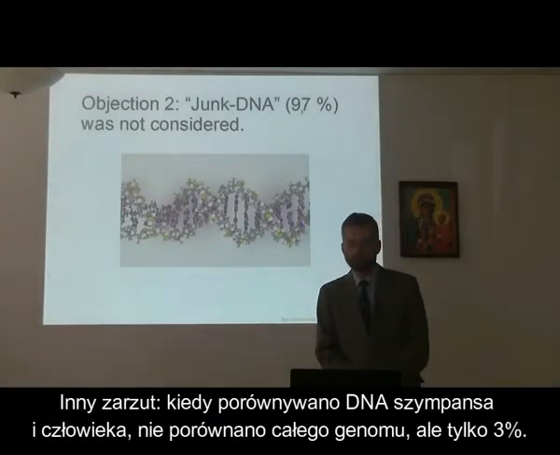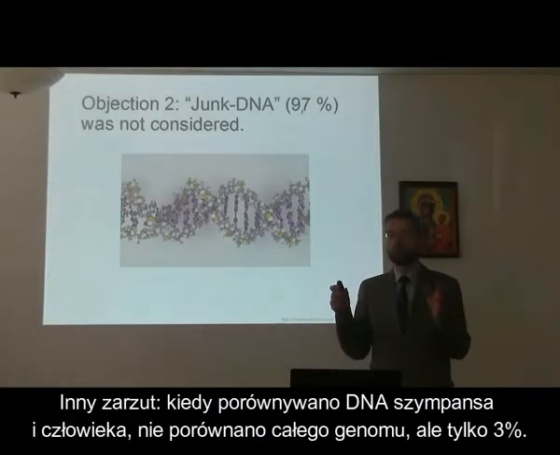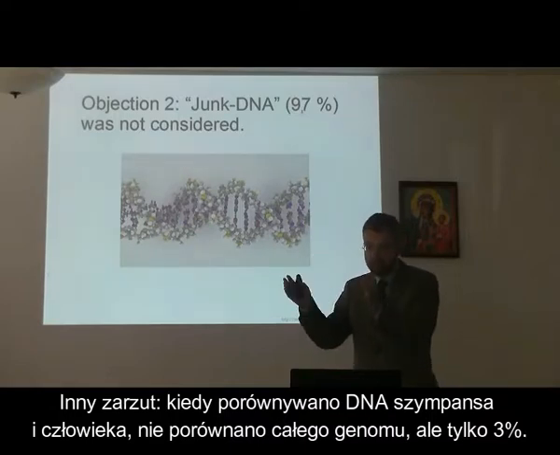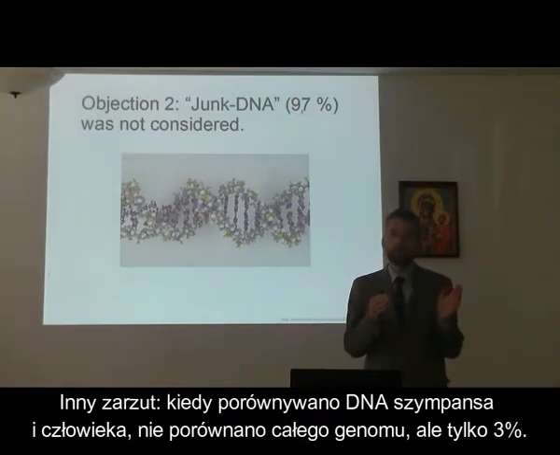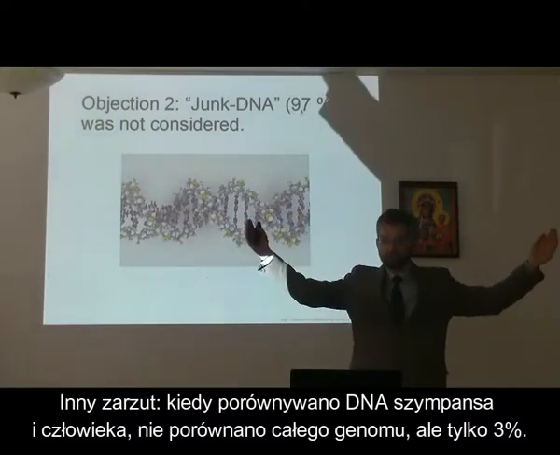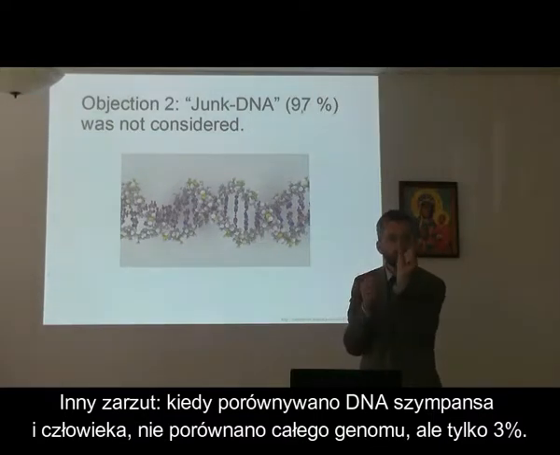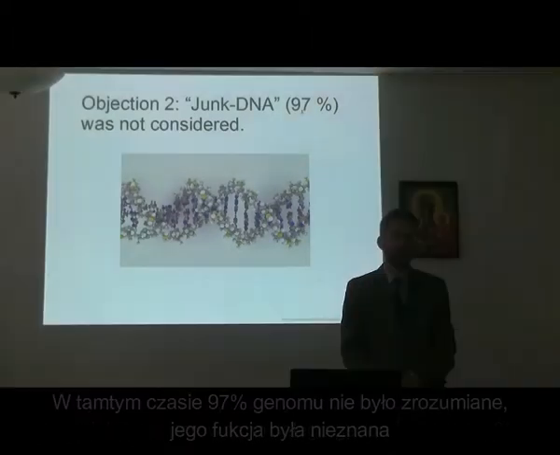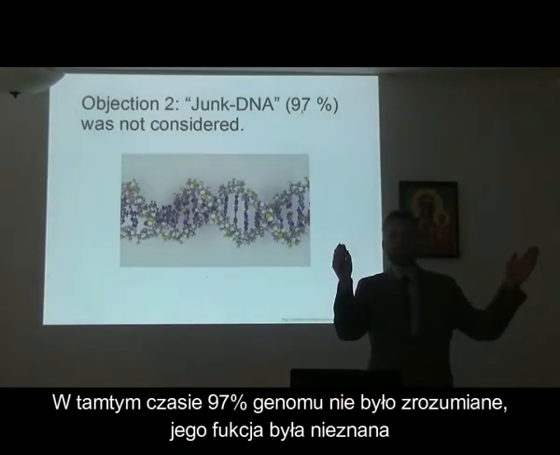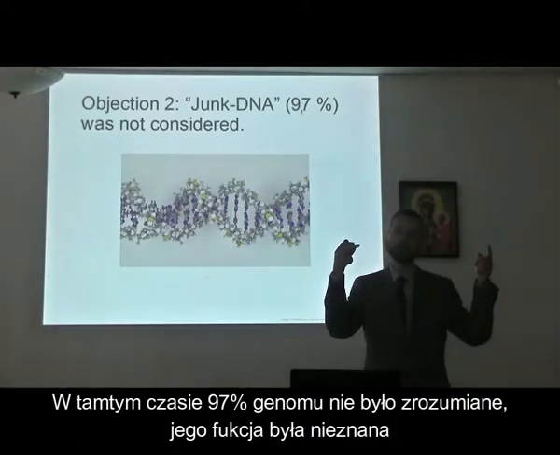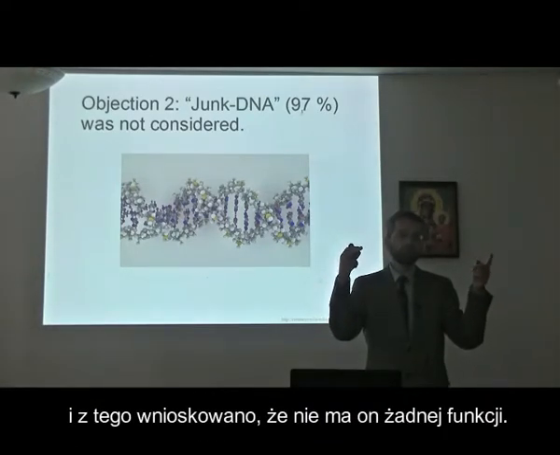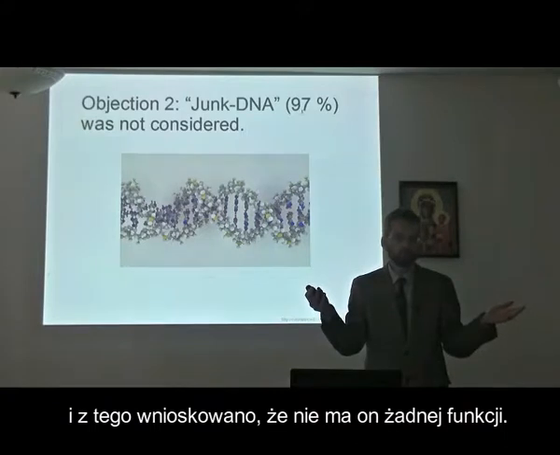Another objection: when comparing the DNA of the chimpanzee and of man, they did not compare the entire genome, but only 3%. At that time, 97% of the genome was not understood, the function was not known, and from that one concluded it has no function.